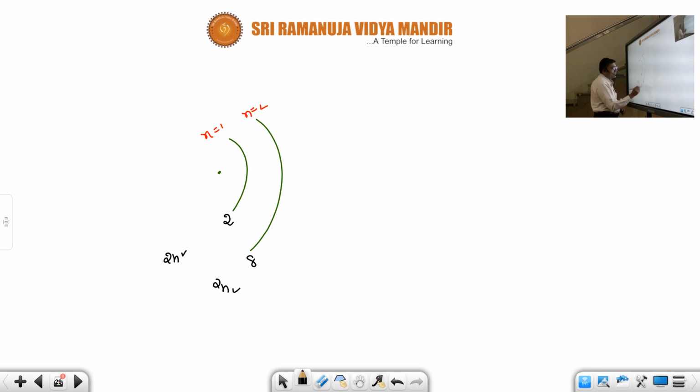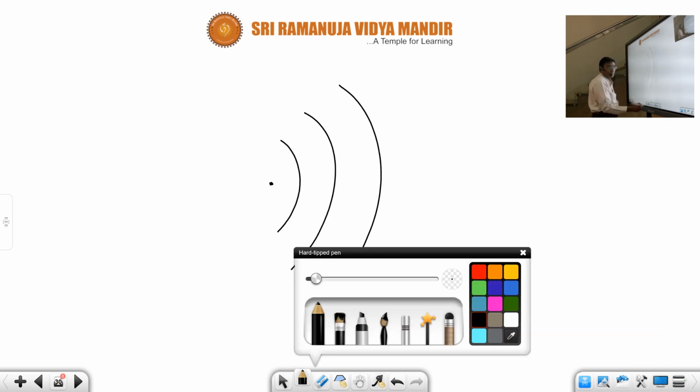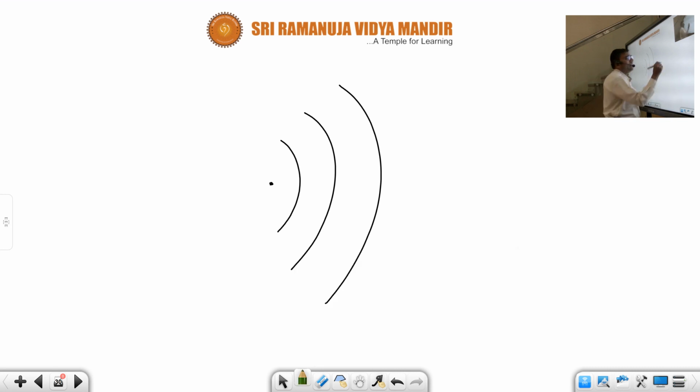And one more thing, the number of subshells formula is n square. Now let us see the next orbit, the third orbit. Number of subshells formula is n square.